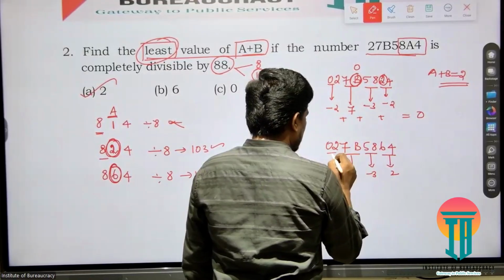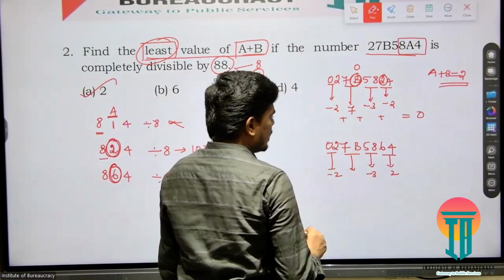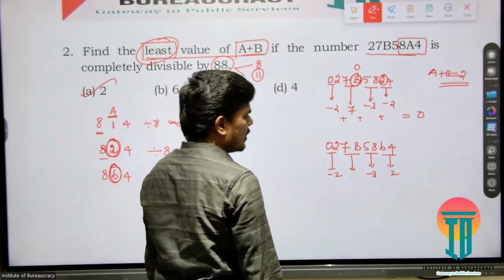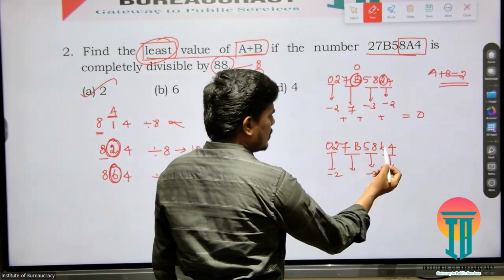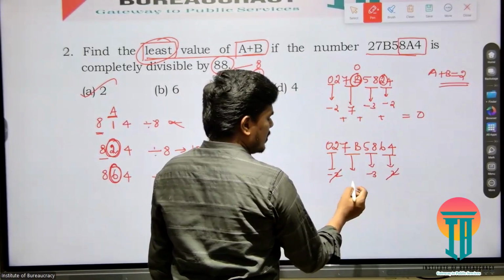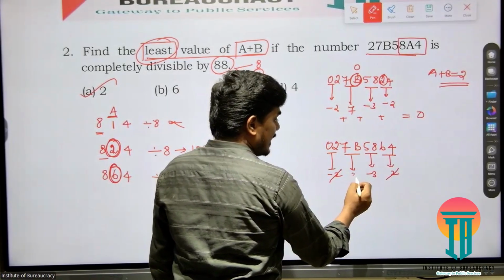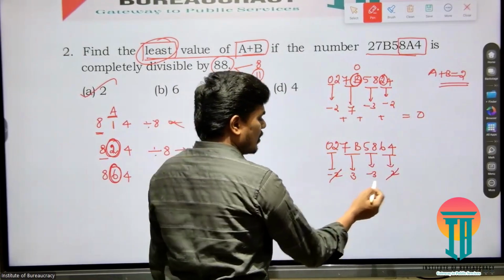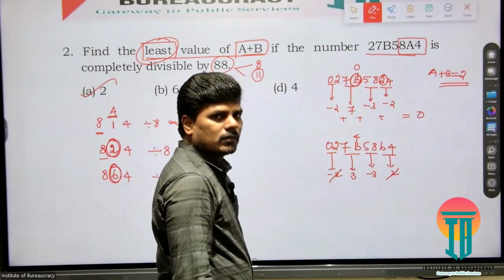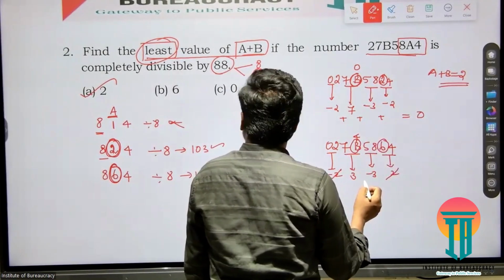Then here the difference is going to be -2. Here this +2 and -2 get cancelled. If I get 3 here, then I will get 0. If I want to get 3, this has to be 4. So the B value has to be 4, and the A value is 6.